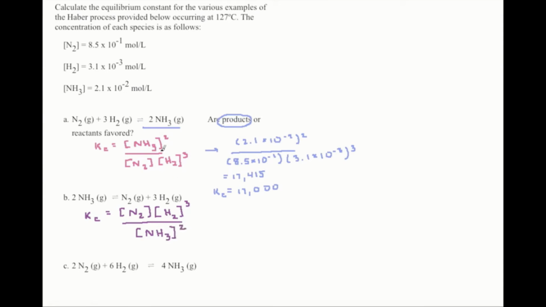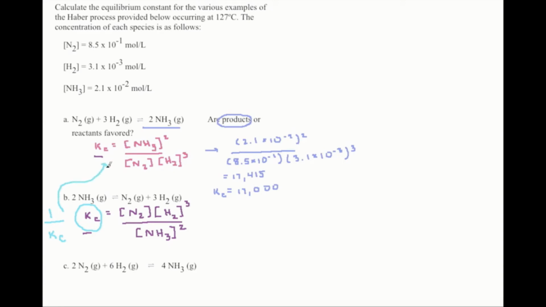Now what you should notice, this versus this, well, how does my Kc here compare to my Kc here? Well, to get this equal to this, all I need to do to my Kc is just flip it. So this is actually just going to be equal to 1 over this Kc.